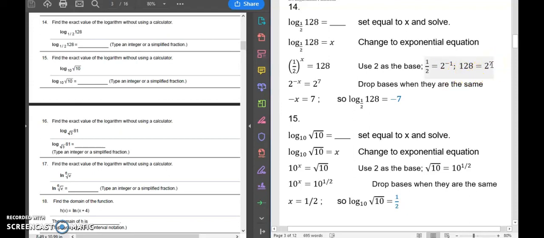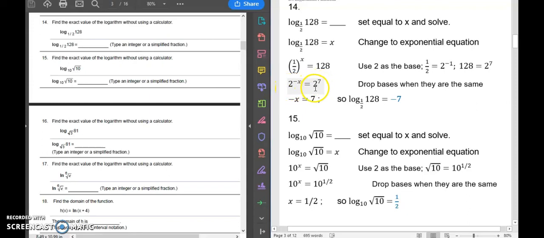It takes a little bit of guesswork or just plugging things in to figure out what those bases and what those exponents are. Don't mind taking a few seconds just to go, okay, what's 2 raised to the 6? What's 2 raised to the 7? Oh, okay, I got 128. So go ahead and make the substitution. So now we have 2 raised to the negative x equals 2 raised to the 7th power.